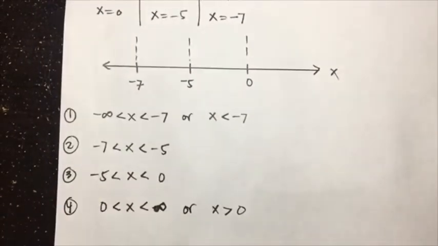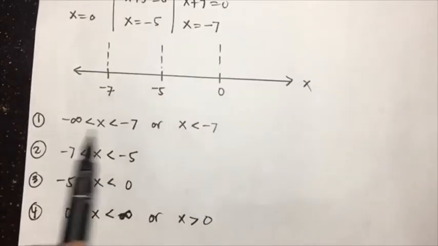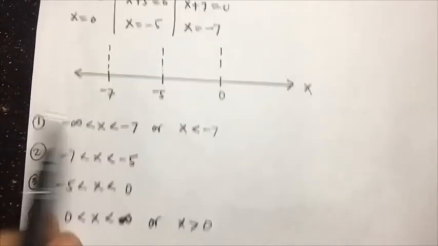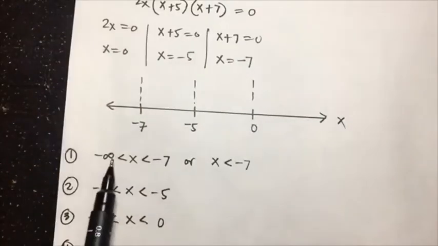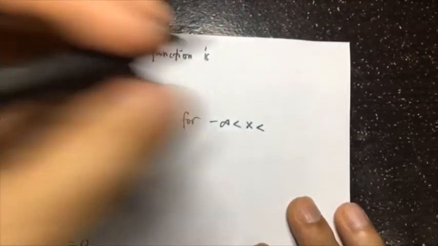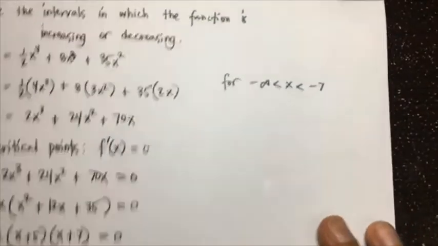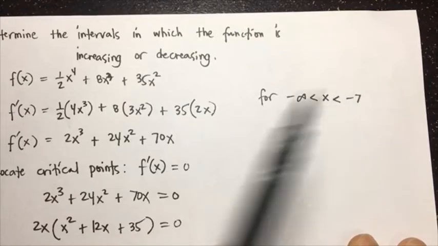Okay. So next we test if it's increasing or decreasing. For our first interval from negative infinity to negative 7, all we need to do is select a number between negative infinity and negative 7.